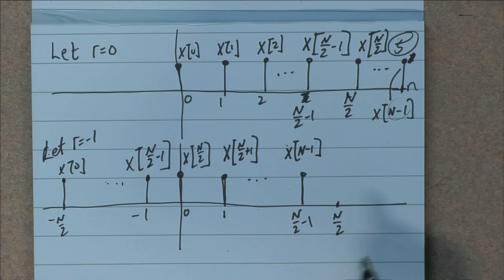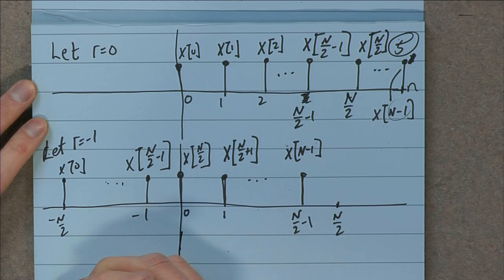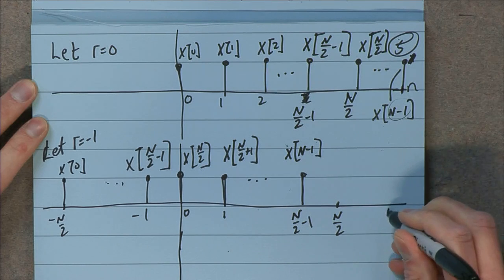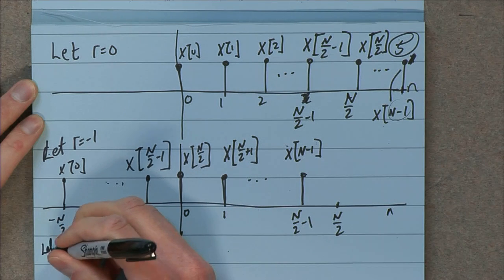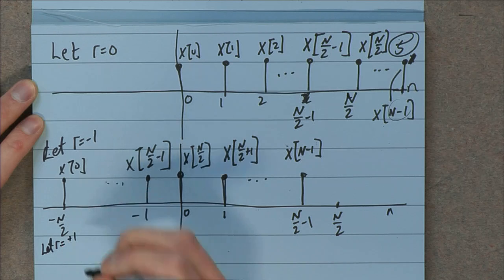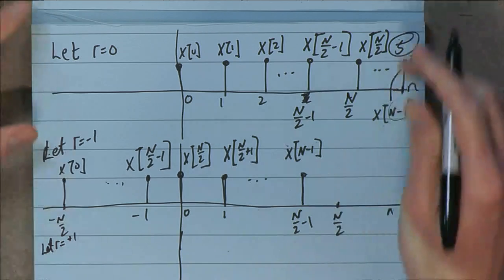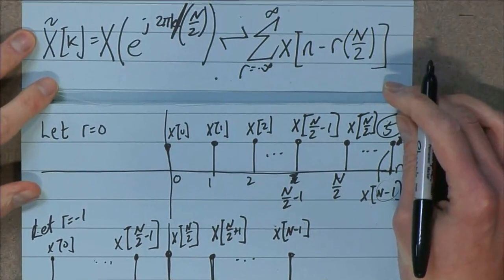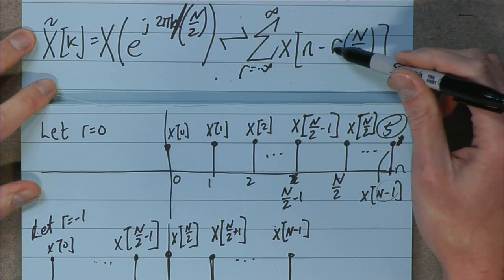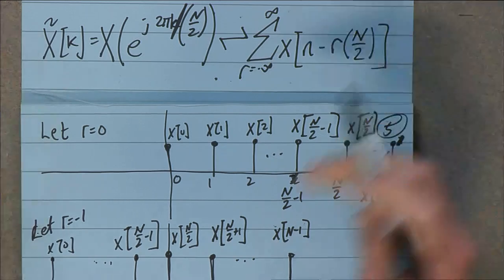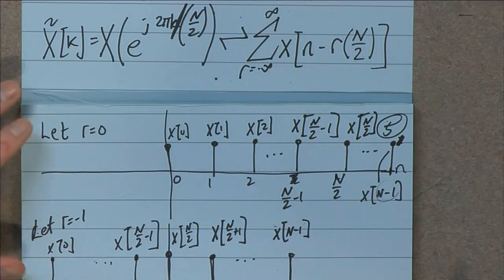So let's look at our final case, which is let r equal plus 1. So if we do that, let's get back to this. This is going to be x of n minus, that's a plus 1, n over 2. So that's going to shift everything to the right.